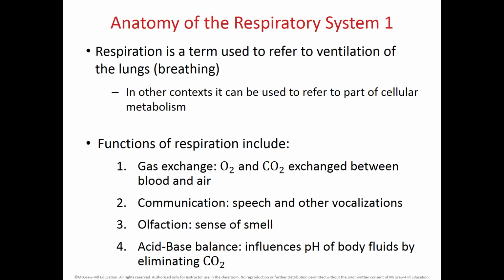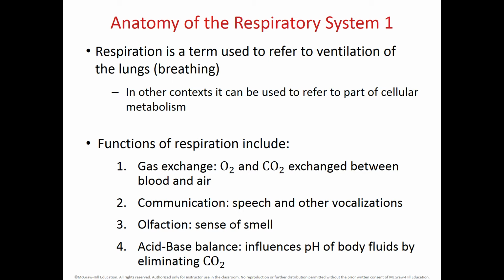Okay, so now let's talk about the anatomy of the respiratory system. As we said before, the respiratory system consists of a series of tubes that help us to produce gas exchange and to transport the gases in our body.